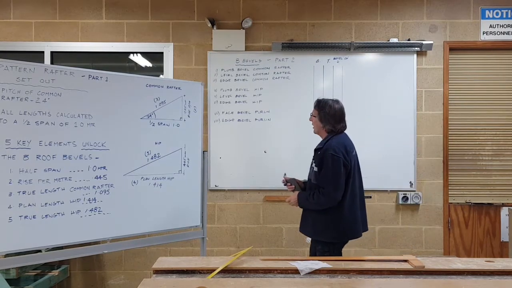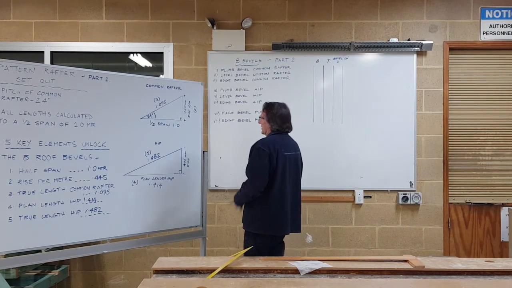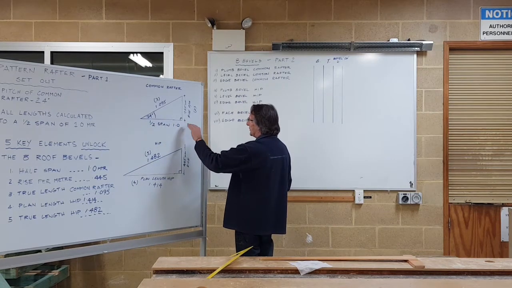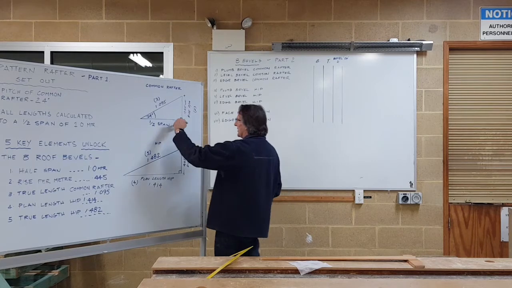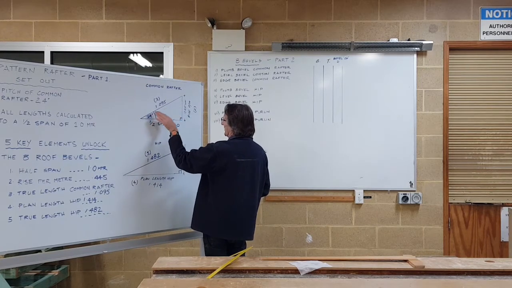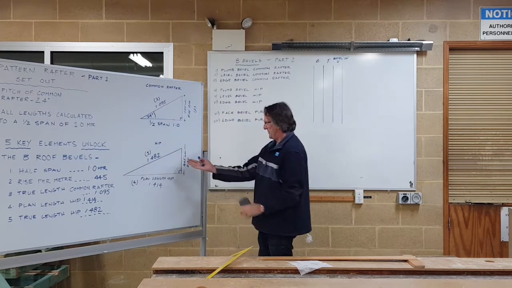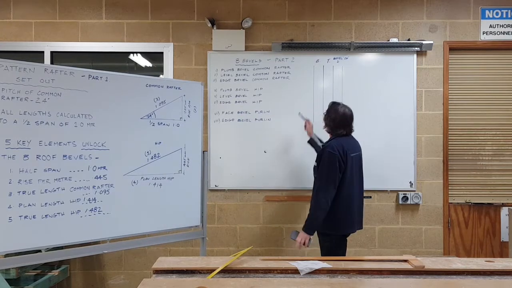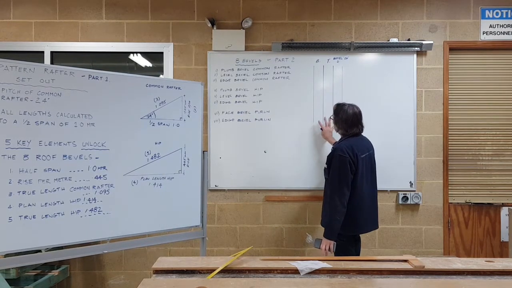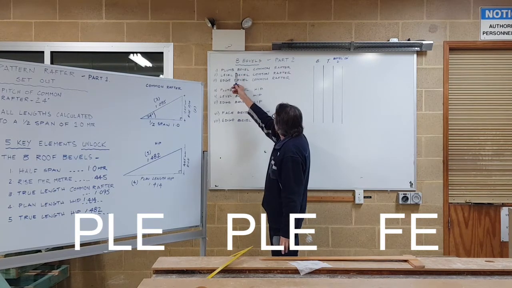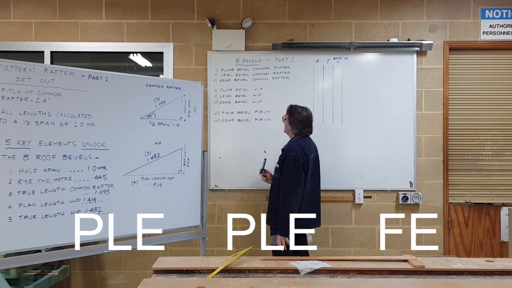We're going to identify the component lengths, the half span, the rise per metre at 24 degrees, the pump up to the true length per metre for the common rafter, and the same for the hip. And we're going to put the lengths into the table. PLE, plumb bevel common rafter, level bevel common rafter, edge bevel common rafter.